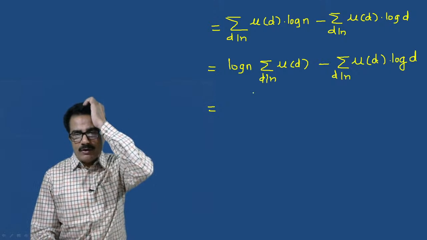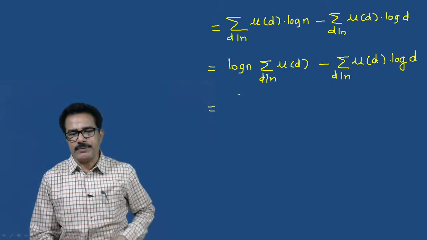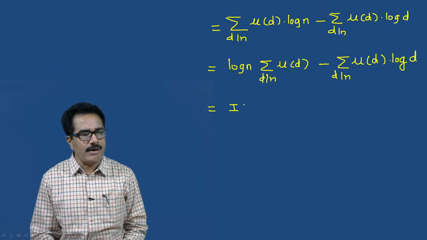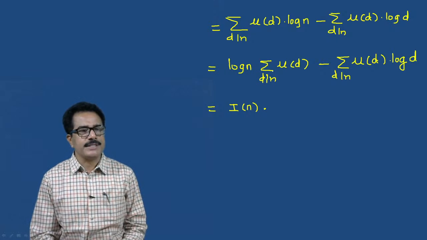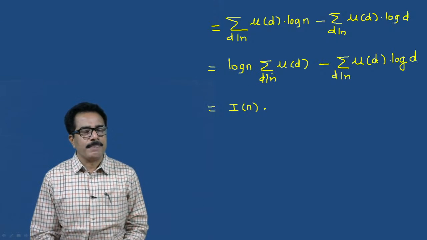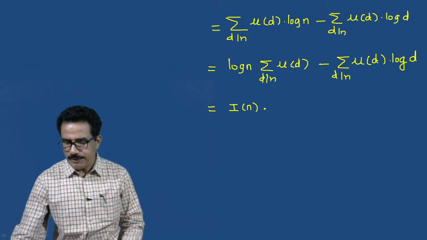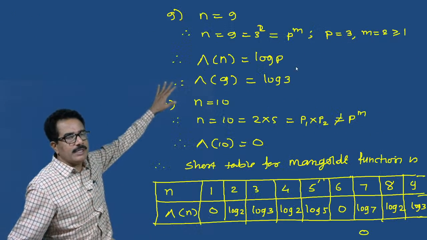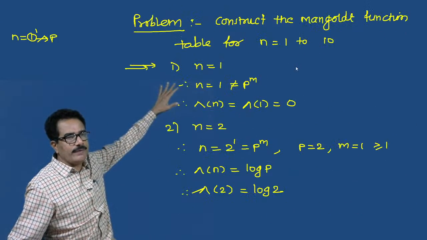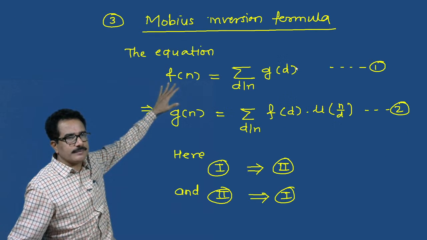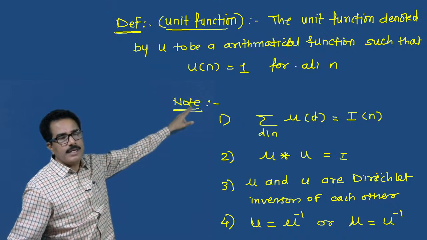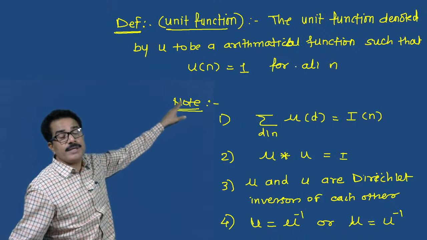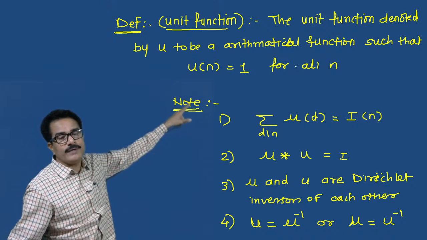The value of the summation over d dividing n mu of d, according to the given condition, we can write I of n.